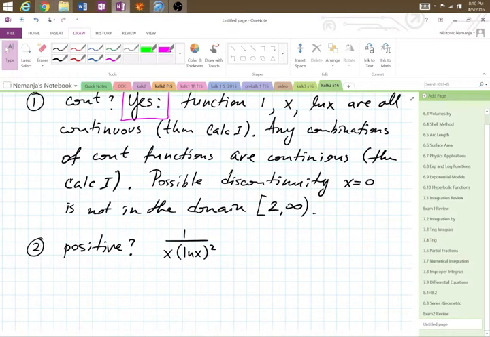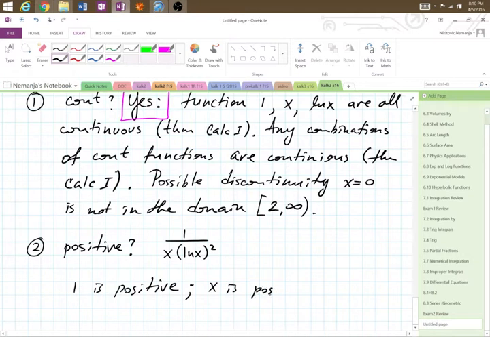So 1 is positive, then x is positive, because with the domain 2 to infinity, you will only be plugging in the numbers 2, 3, 4 and above, and the infinity of numbers like 2.1 and 2.87 and so on. So 1 is always positive, x is always positive because of the domain.